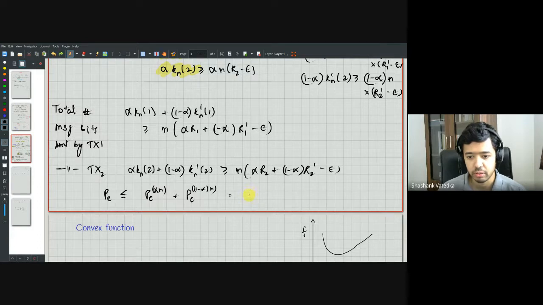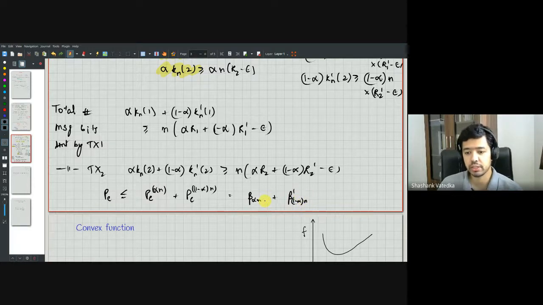Let's suppose that the probability of error is beta n for n channel uses. It will be some function of n. Let me call it beta alpha n. And the second scheme is going to give me a probability of error beta prime of 1 minus alpha n.